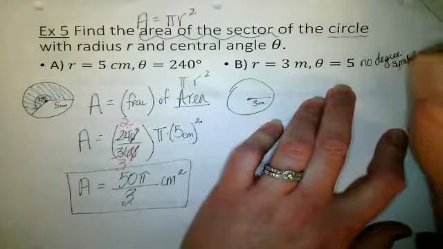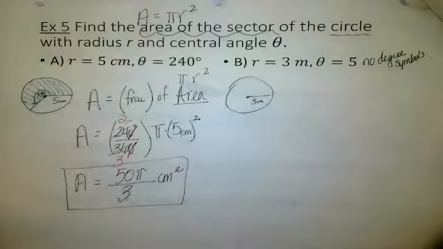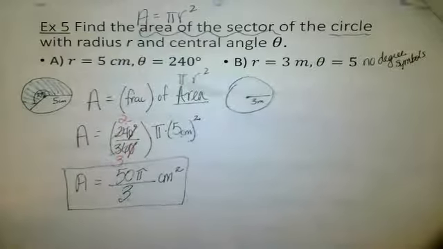Okay, so how big is 5 radians? Remember, a radian is the length of a radius wrapped around the circle. So how far would that radius take you? Into which quadrant? Fourth quadrant. Yeah.